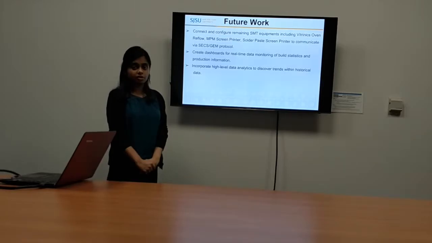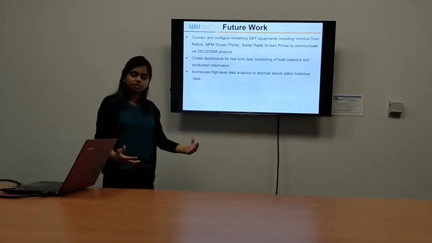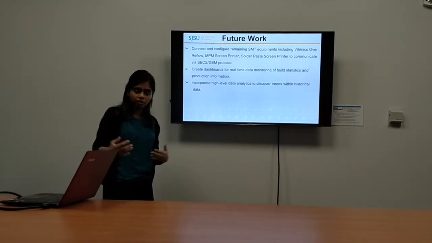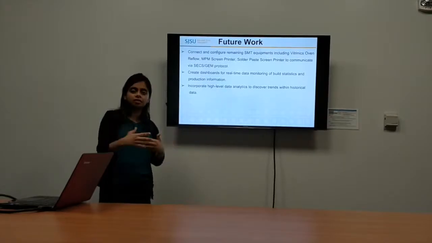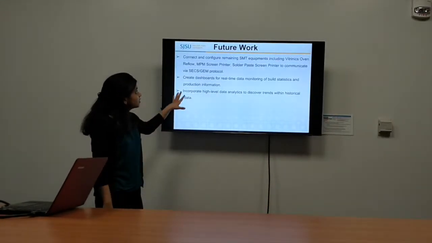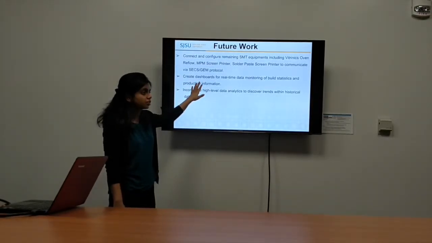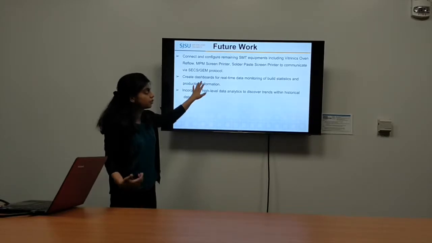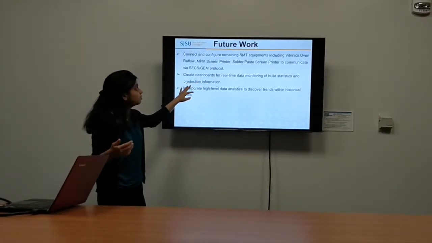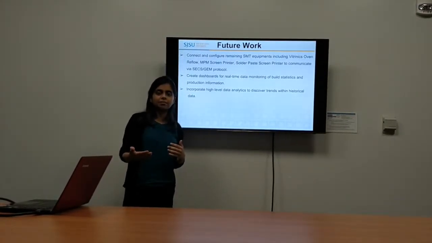And there is actually a lot of future work. What we were doing was basically laying down the groundwork for the Industry 4.0 concept, where we have to connect different machines using an automated system. Future work will include creation of a database and a dashboard for a real-time monitoring data system, which can be used to see what's happening in your production line.